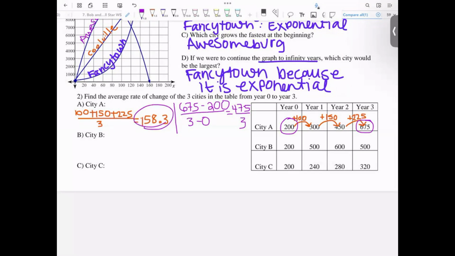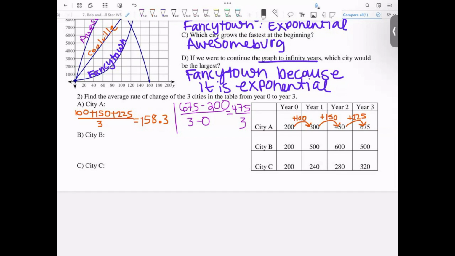So you can do it either way. You can count them and divide by how many you have, or you can use your slope formula, y minus y over x minus x. You get the same answer. So what this is saying is on average, City A is adding 158 people per year. We are not adding the same amount each year. So we know this one is not linear.